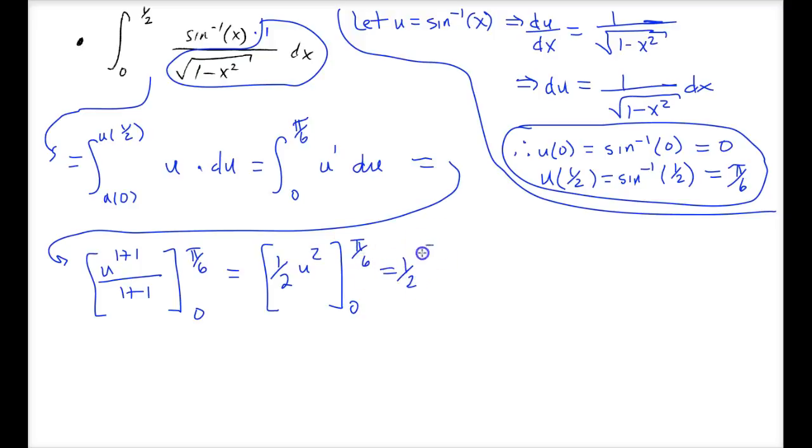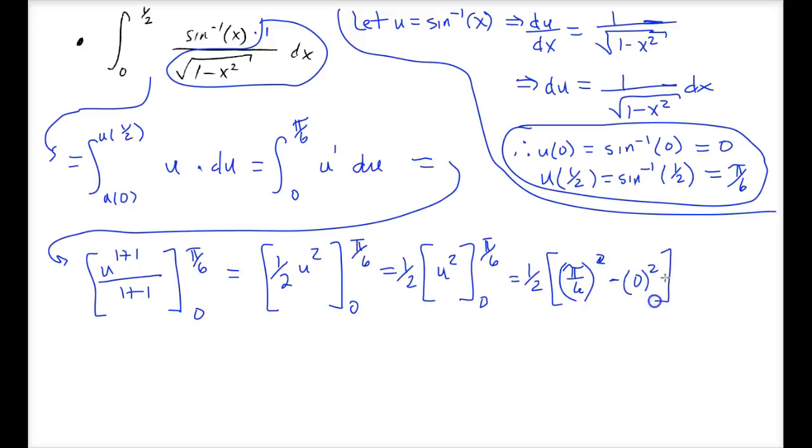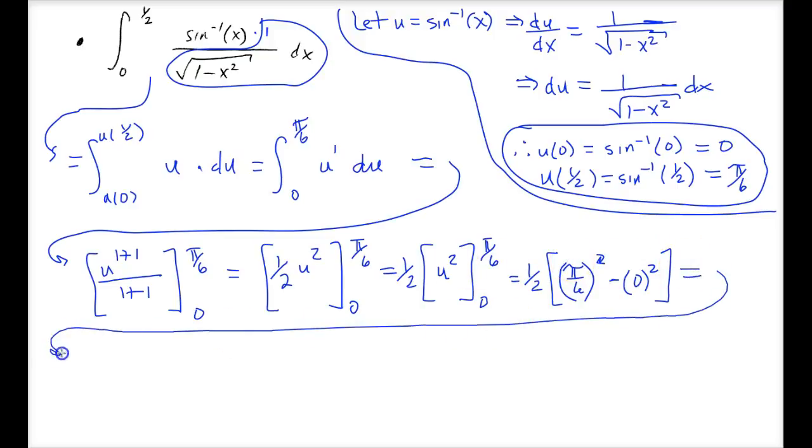Now I'll go ahead and factor out the 1/2. And then we will just substitute in. So we have pi over 6 squared minus 0 squared. And this is us using the net change thing. So we just have 1/2, and this will be pi squared over 36.